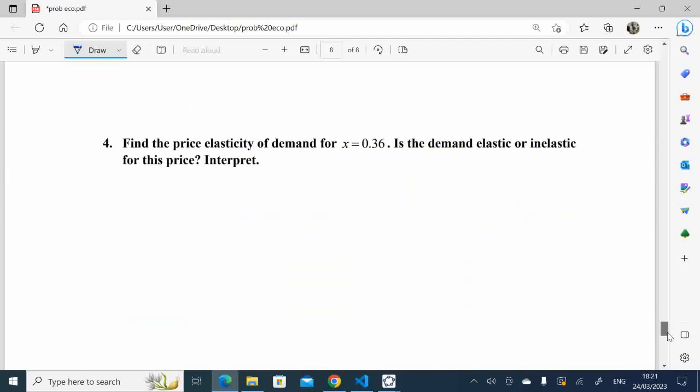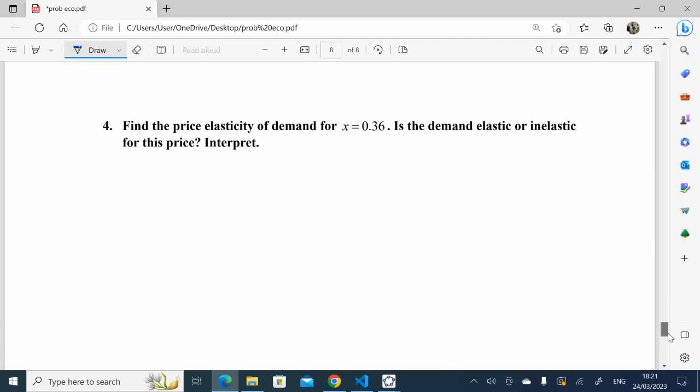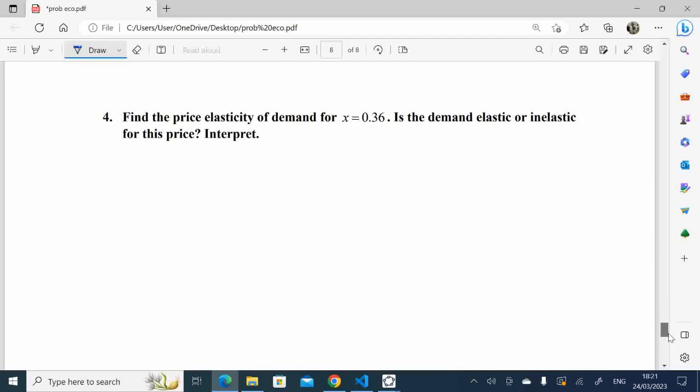In the last part we have: find the price elasticity of demand for x equals 0.36. Is the demand elastic or inelastic for this price? Interpret. So first, to find the elasticity of demand function E of x, we should use E of x equals minus x times f prime of x, the derivative of the demand, over the demand f of x.